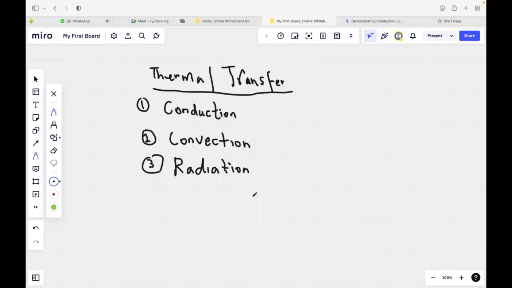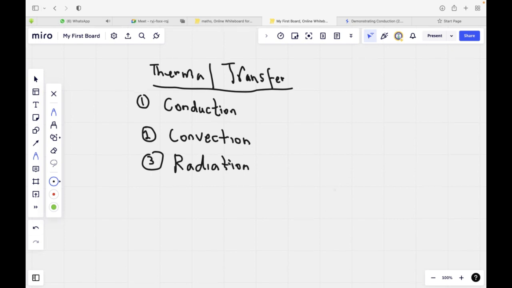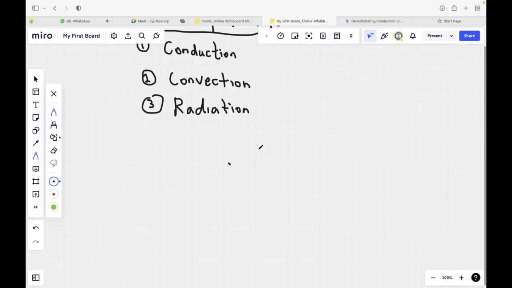So we look at conductors as our next topic. We have good thermal conductors and poor or bad thermal conductors. We start with conduction. We explain the process whereby heat energy is transferred from one atom of the solid to the next one through vibrations.